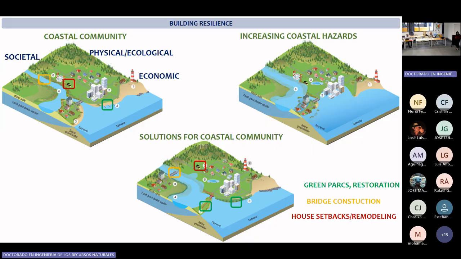And then some construction of bridges. You see here we have a bridge on the bridge to reduce impacts like flooding. So here we have a hybrid solution, not really green, because we have all the constructions, but some solutions to protect our coast.